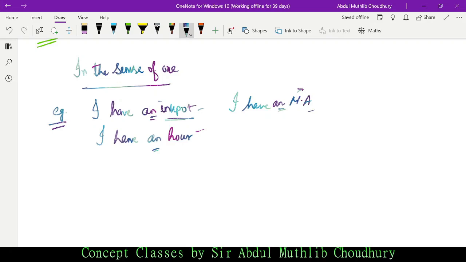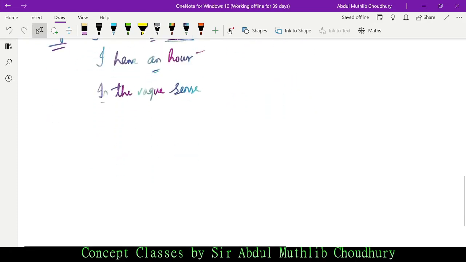The article an is again used in the vague sense, meaning in general.